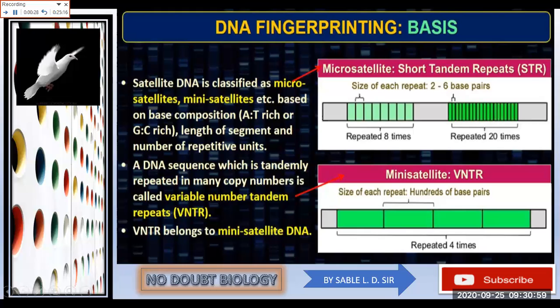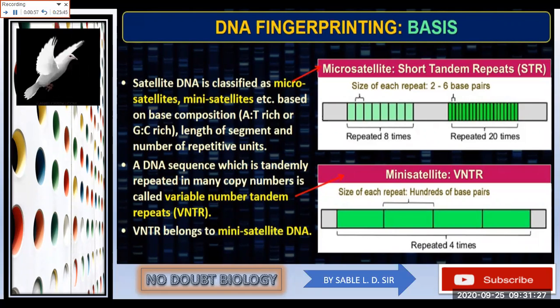Satellite DNA is classified as microsatellites, minisatellites, etc. So there are two types of satellites associated with the chromosomes, micro and mini, based on base composition, AT (adenine, thymine) rich or GC (guanine, cytosine) rich, the length of the segments, and the number of repetitive units.